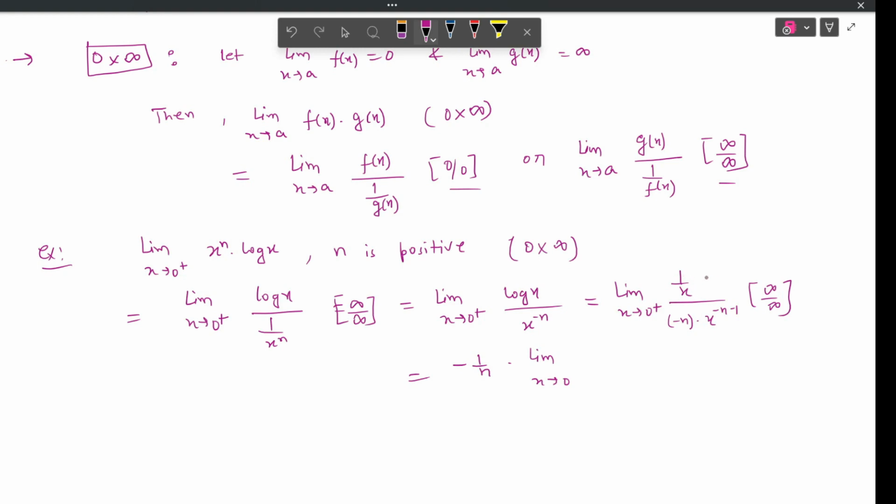So plus 1 and minus 1 will cancel out, and you will remain with x to the power n. So if you put 0, 0 multiplied by minus 1 by n is 0. So the answer is 0.